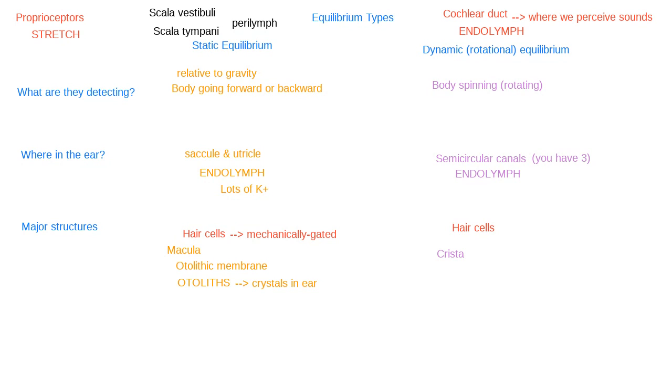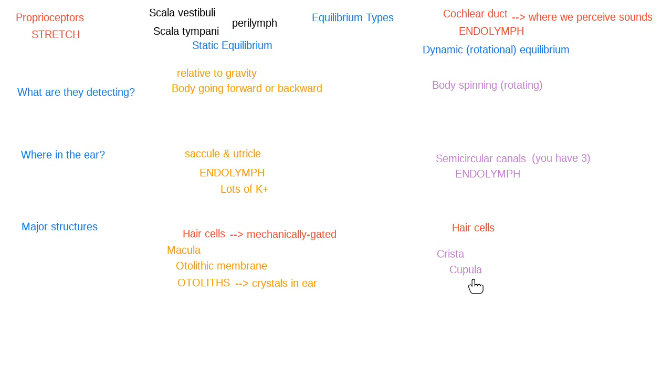If we're trying to figure out where the hair cells live in dynamic equilibrium, the hair cells live inside something called the crista. On top of the crista, instead of having an otolithic membrane, it has that thing called the cupula. And remember, the cupula is pretty bendy too. It's another kind of jello-like membrane up here.